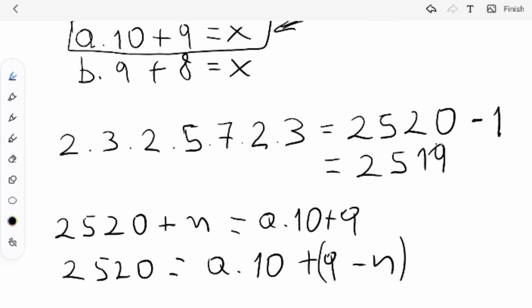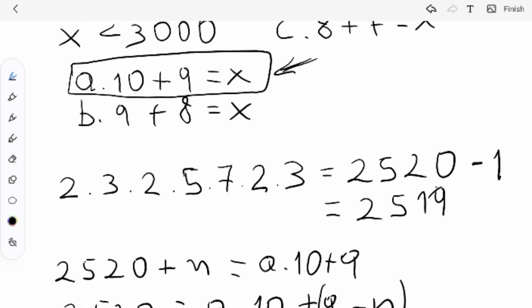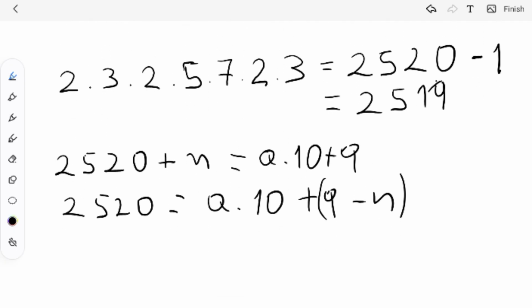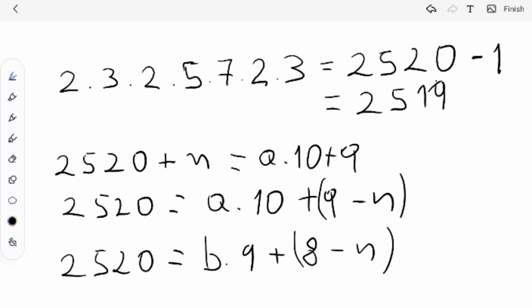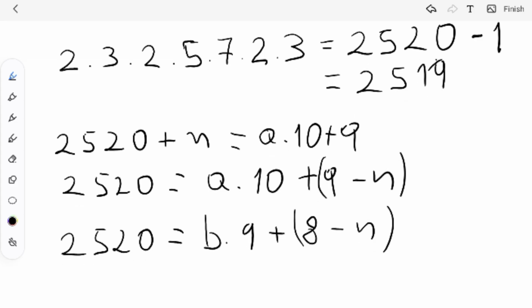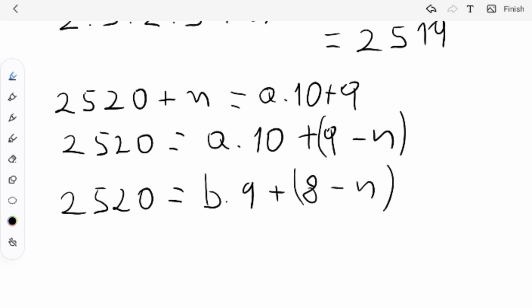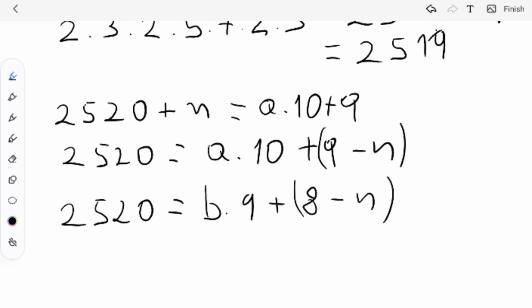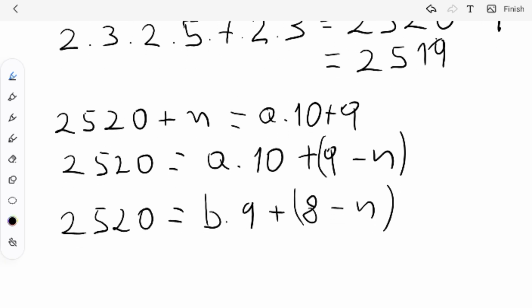But this is not the only prerequisite. Also, we can see that the product should be equal to b times 9 plus 8 minus n. To be consistent, the left hand side, we know for sure, is a multiple of 9, which means that the right hand side should be a multiple of 9.